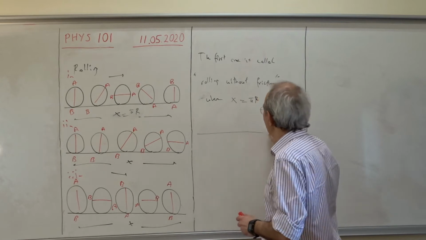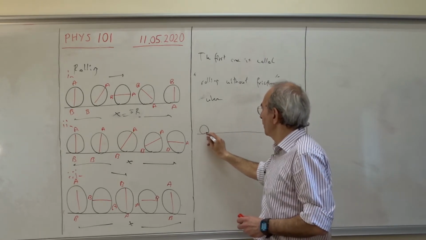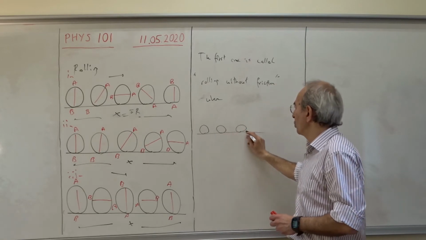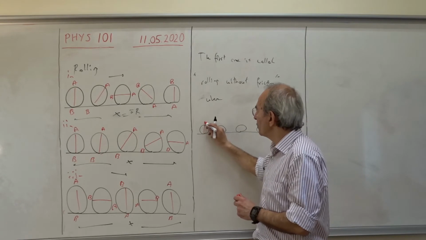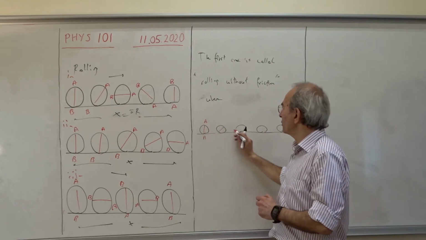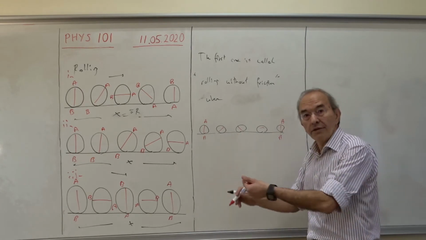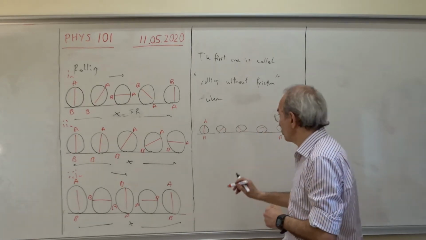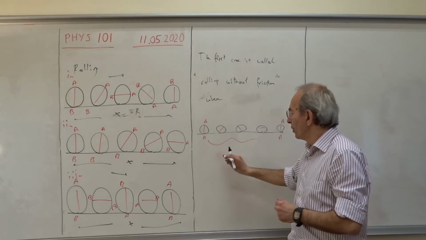Or, for example, let's consider it the other way. Let me draw a smaller disk. So if it starts with AB like this, and after some rotations it comes to AB again, it comes back to the initial position, then this corresponds to one full turn.